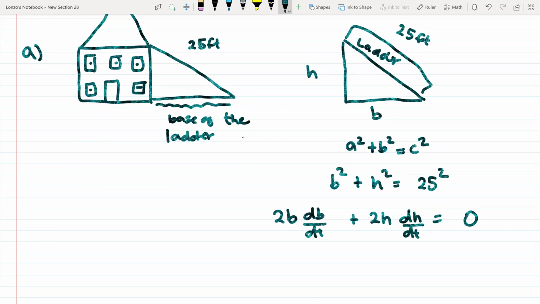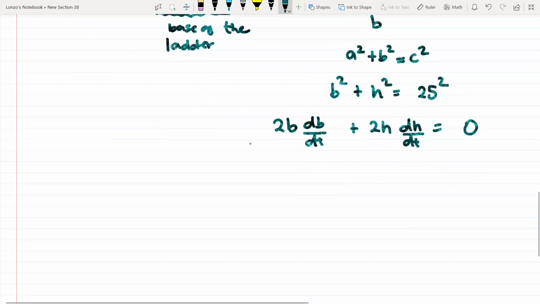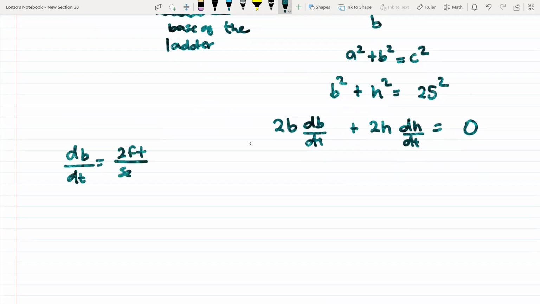I think we're trying to find dh dt, and we actually have one rate already. The base of the ladder is pulled away from the wall at a rate of 2 feet per second. So we have the db dt, which is 2 feet per second. Now what we're trying to do is find dh dt.